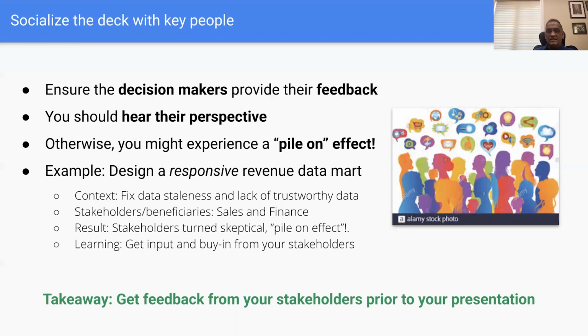My sales and finance stakeholders started jumping in and saying that you need to fix the untrustworthiness aspect of the data first, because that is of higher priority. And you are presenting the problem in the wrong order. This is not the right priority.